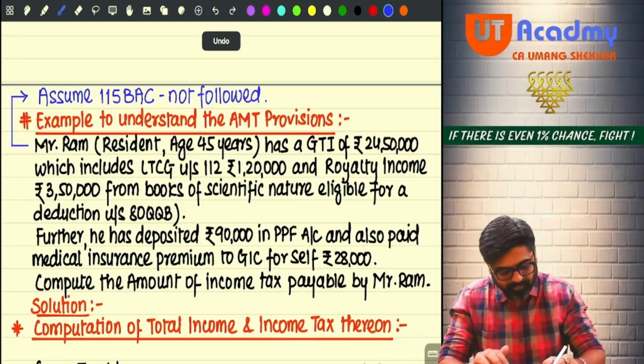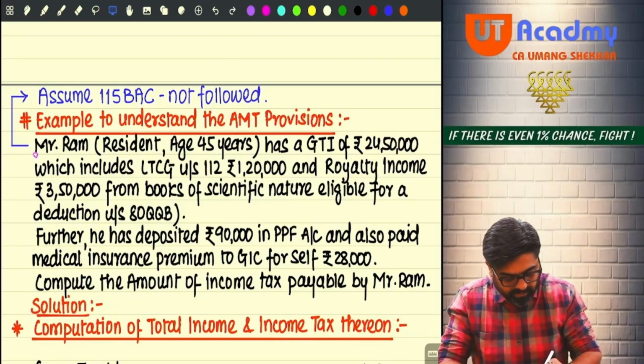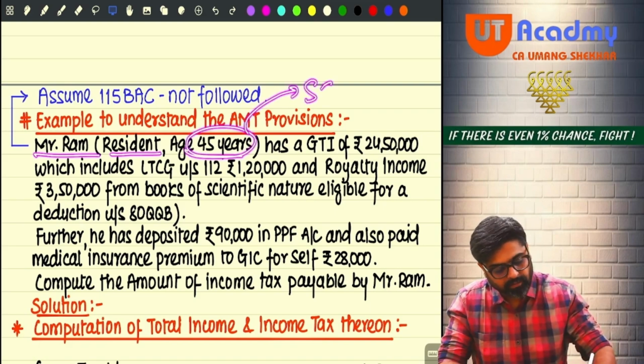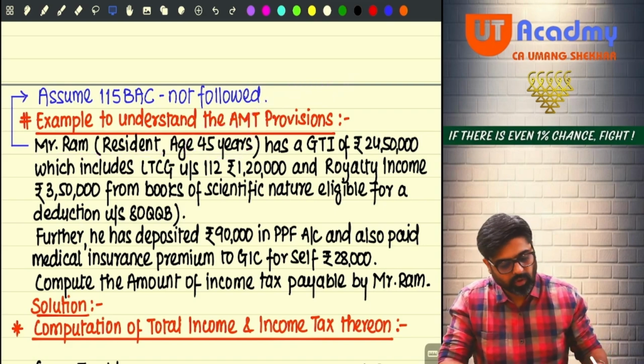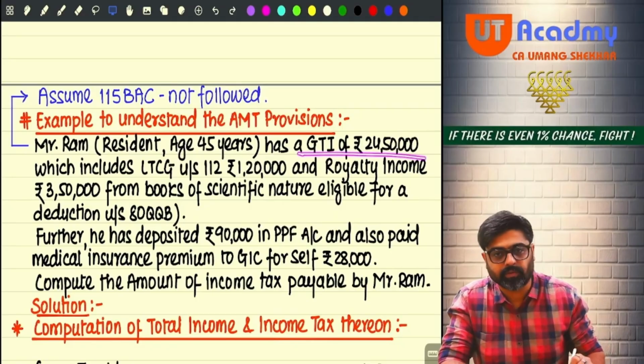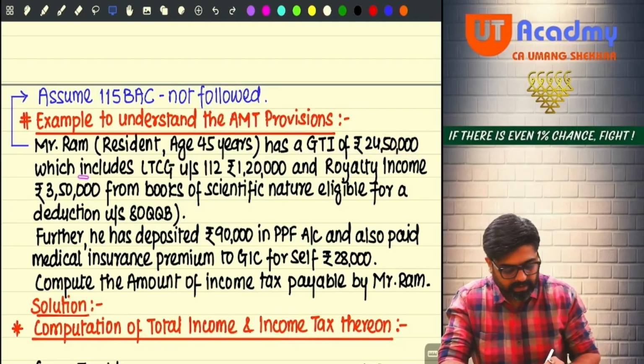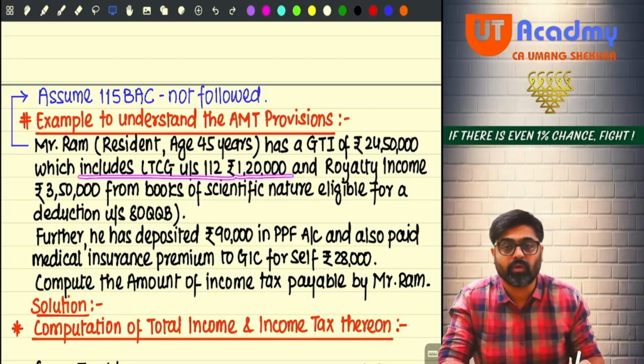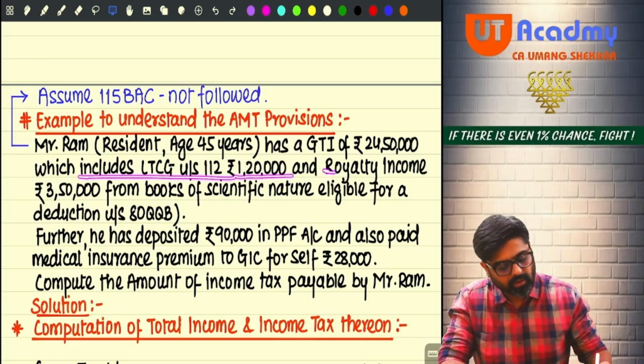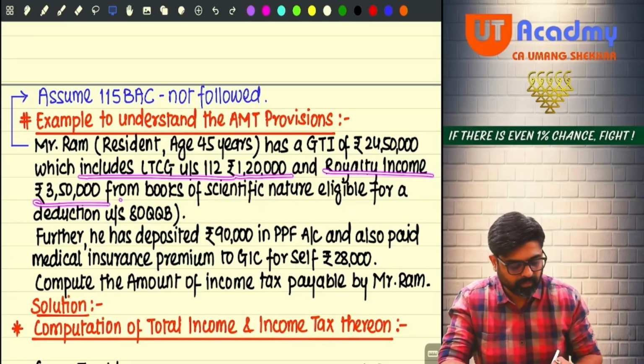Mr. Ram. He is a resident, age 45 years, meaning that he is not a senior citizen. Okay. His GTI is 24 lakh 50, which includes LTCG under section 112, 1 lakh 20, and royalty income 3 lakh 50 from books of scientific nature.